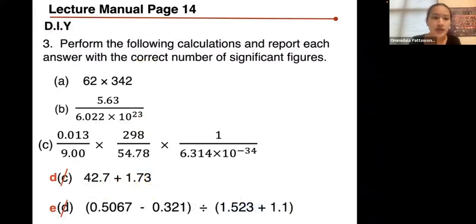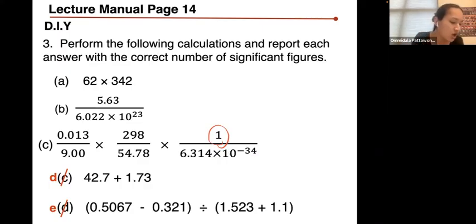All right, I'm going to let you do number 3 yourself. However, I'm going to go over some of the things that you will need to know. Whenever you see the number 1 written in fractional form like this one right here, it is kind of like a placeholder, because it's a division.